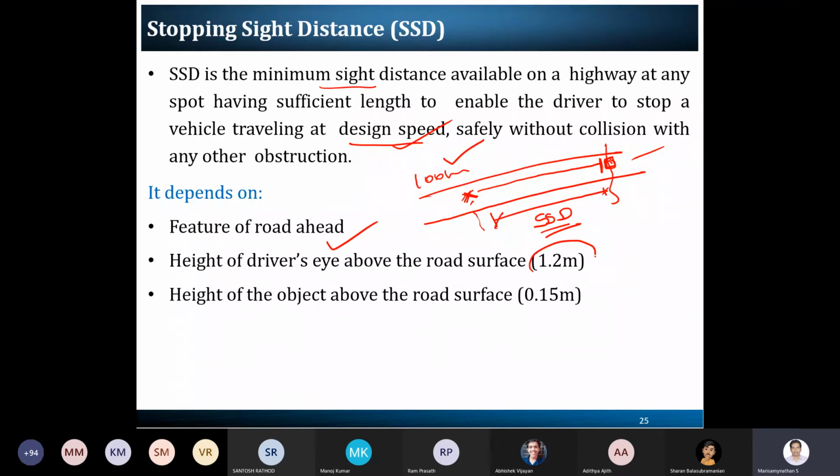IRC is assuming 1.2 meter, the average eye height from the road surface to the driver's seat in the car. Then the opposite object we assume has a height of 0.15 meter.